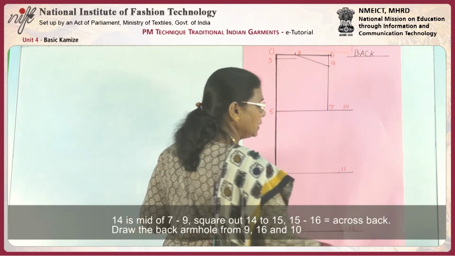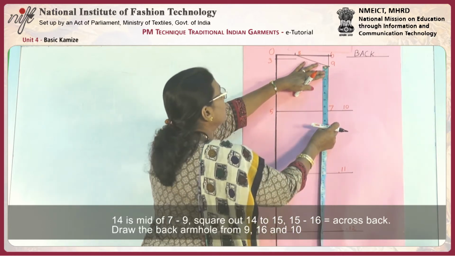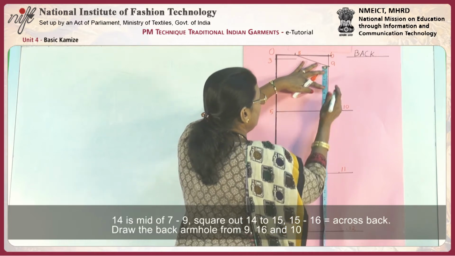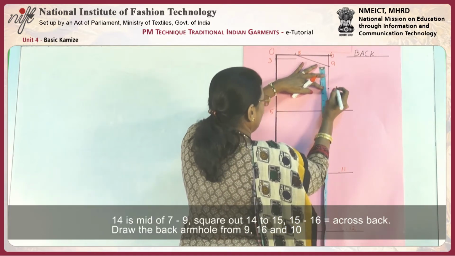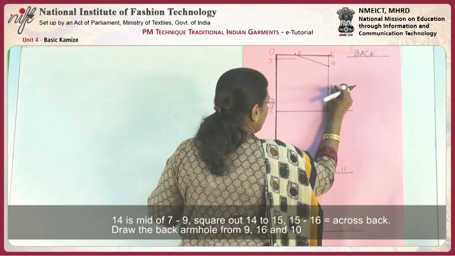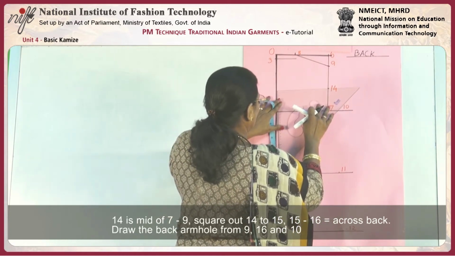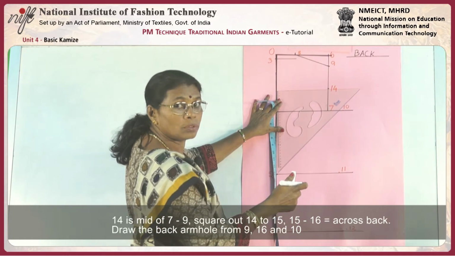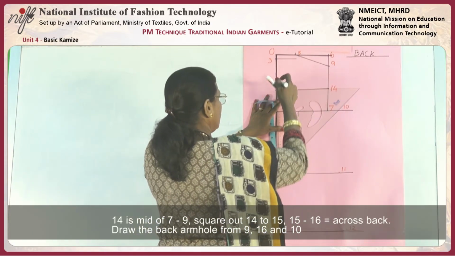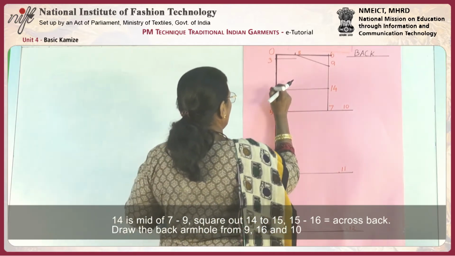Now 14 is the mid of 9 to 7. 9 to 7 is 6.5. Mid is 3.25. Mark 14 and square out the line to 15, and mark 15.